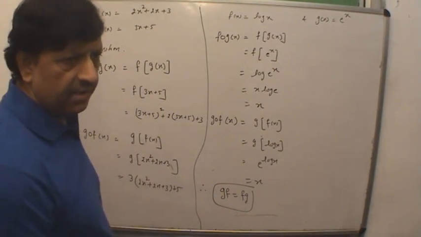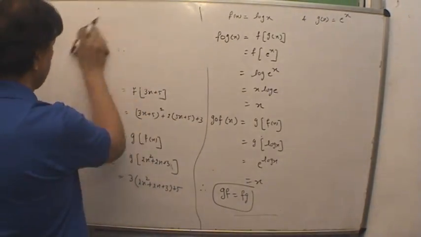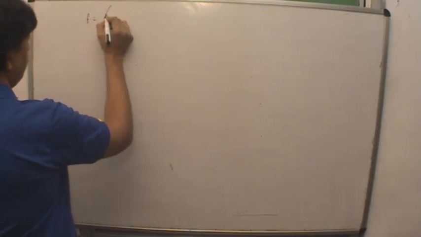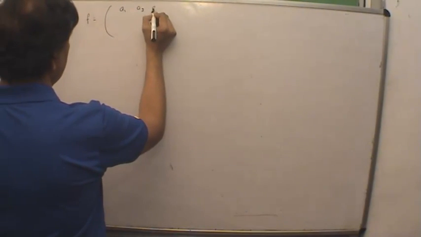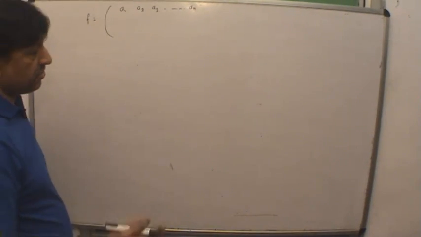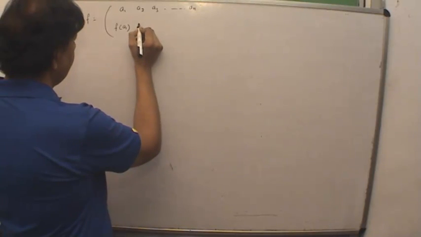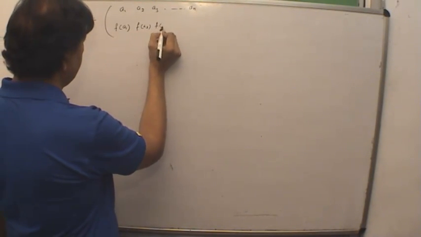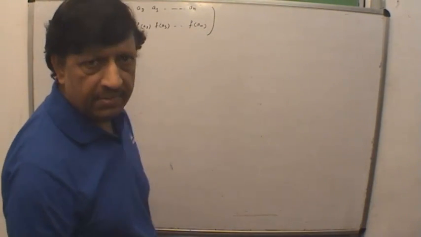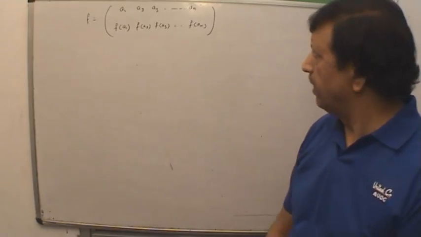We can represent any function in the form of permutations like this. These are permutations of the function. Here, say there is a function with a1, a2, a3 and so on up to an, the objects standing in front of the mirror, and f(a1), f(a2), f(a3), up to f(an) are their images in the mirror according to the rule f.